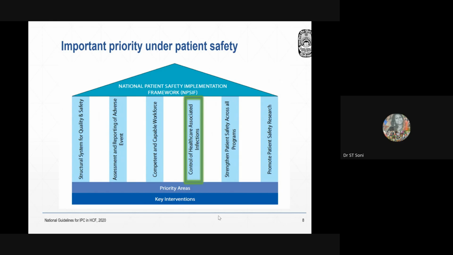The national patient safety implementation network, not only countrywide but worldwide, talks a lot about healthcare associated infection. It is also part and parcel of the international patient safety goals. So that's why it is very important to learn about it and talk about it, and as I have told you, it is preventable. Considering this fact, we should act upon it so that the rates can be reduced.